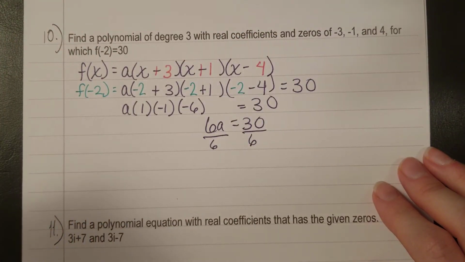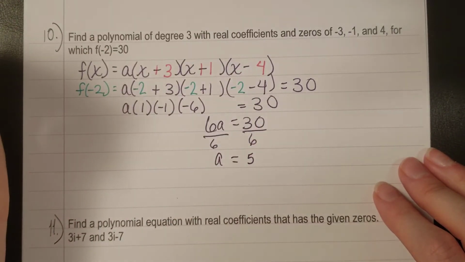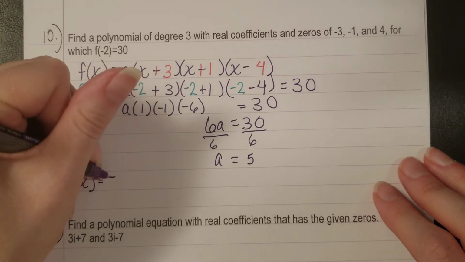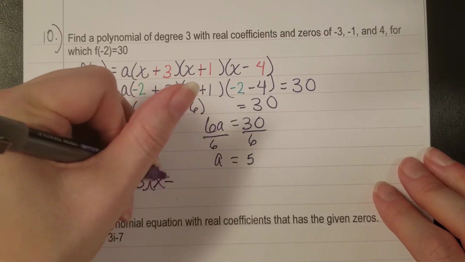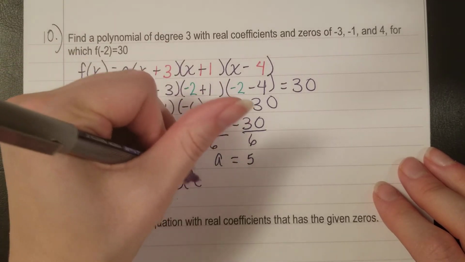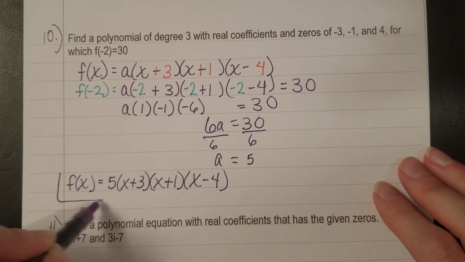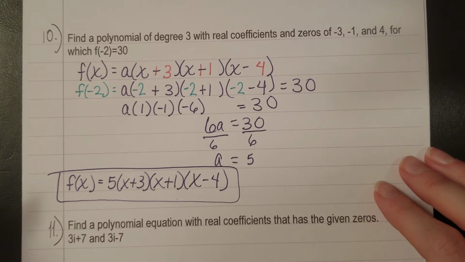Alrighty. Okay, so that's going to be a equals 5. Okay, so f of x equals 5 times x plus 3 times x plus 1 times x minus 4. And hopefully they don't make you multiply that all out. I wouldn't, but I mean, if they do, it's just a matter of foiling and distributing and stuff.